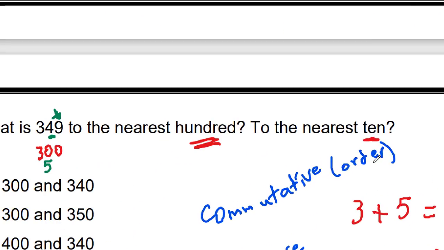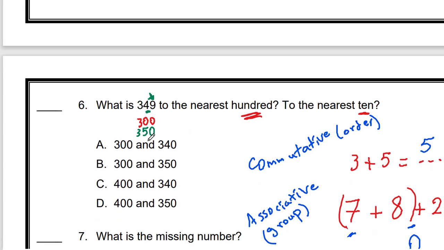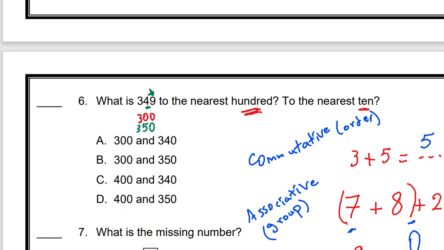So the 9 will be 0, and to the left 3, keep it. So the number is 350 to the nearest 10. Only choose the correct choice here: 300 and 350.